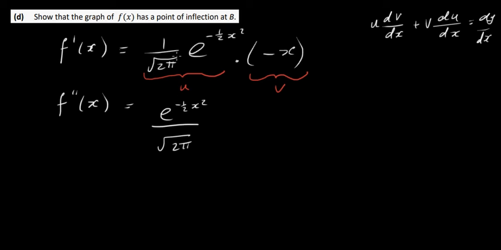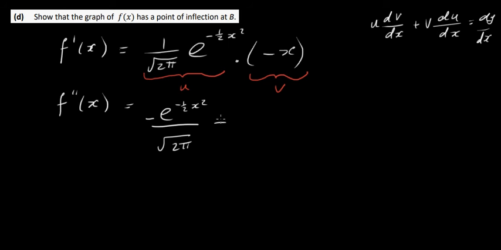Now differentiate v, so dv dx. v is minus x. If I differentiate minus x, I get -1, so I'm multiplying all this by -1.